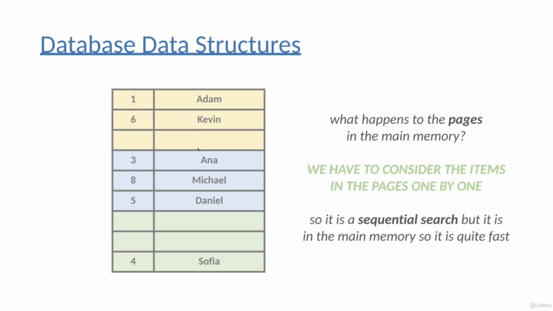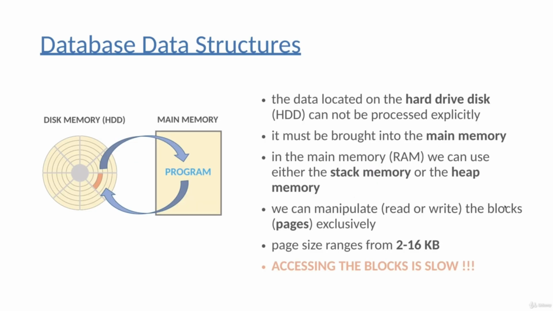So if we have a database table like this, Adam, Kevin, then an empty row, then we have Anna, Michael and Daniel, and Sophia finally, then we are not able to manipulate just a single row. This is exactly what we talked about, that we have to deal with pages. So we can manipulate the blocks or the pages exclusively, ranging from 2 to 16 kilobytes.